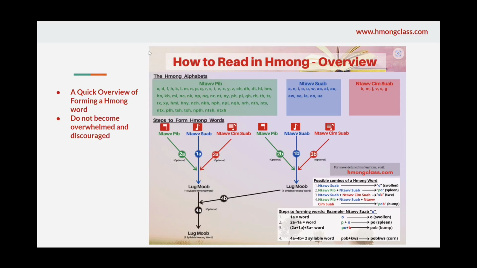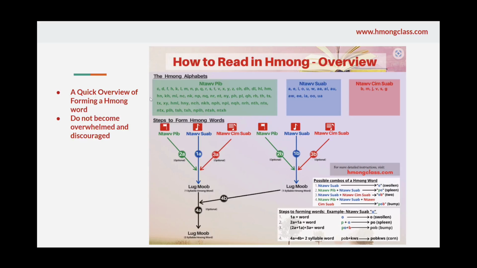The main thing that I want you to take away from this image, it's a very complex image, and it can be overwhelming, so I don't want you to become too overwhelmed or discouraged because there's a lot going on here. But I wanted to show you that the 3 components or building blocks of a Hmong word are the ndopi, or consonants, here in green, the shua, or the vowels, in blue, and the ndoki shua, or the vowel pitch modifiers, here in red.